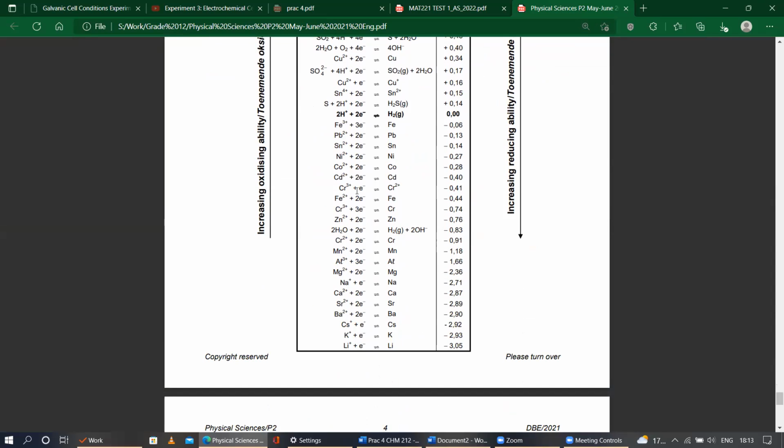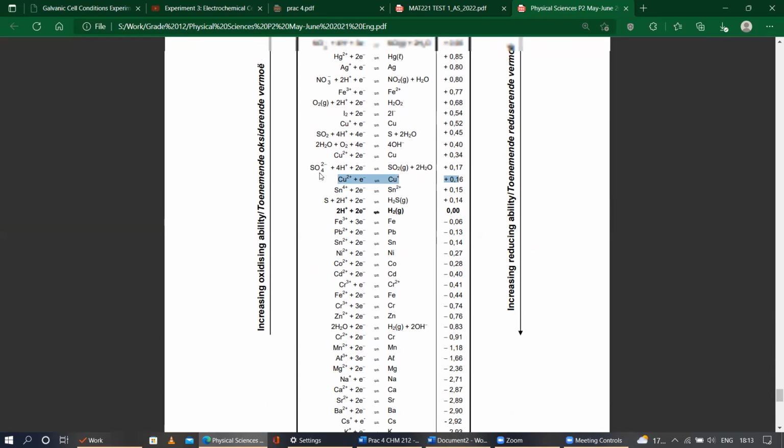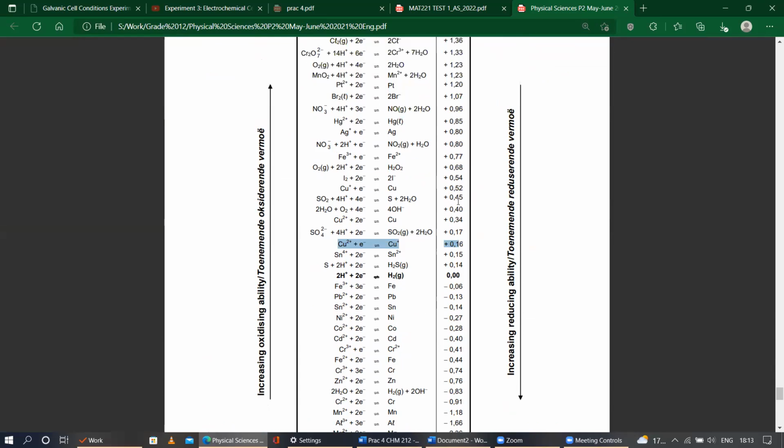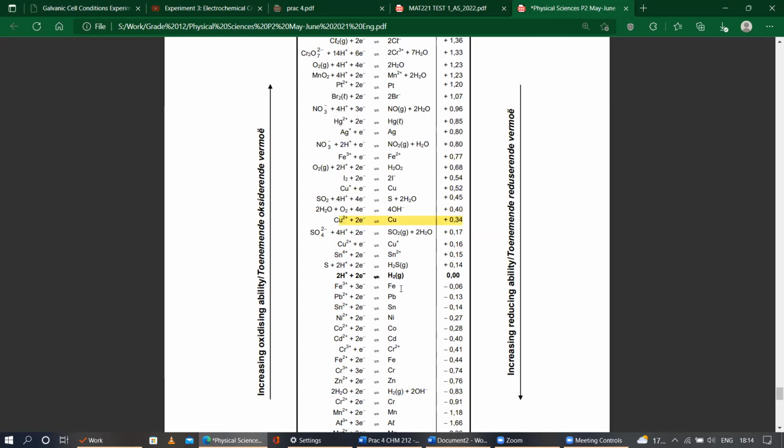So as you can see, I was making an example with copper here. It's copper and 2 electrons, 0.34. Then this is the one for copper. Let me just highlight it.